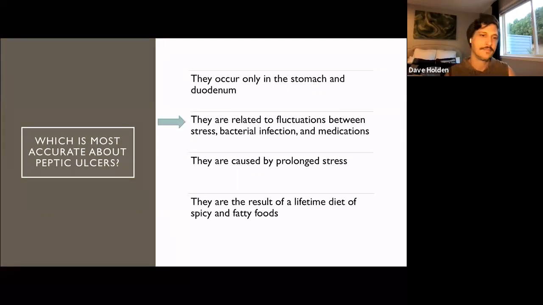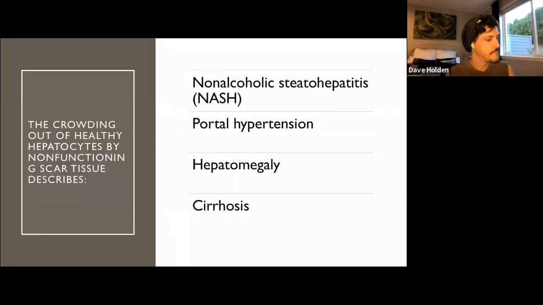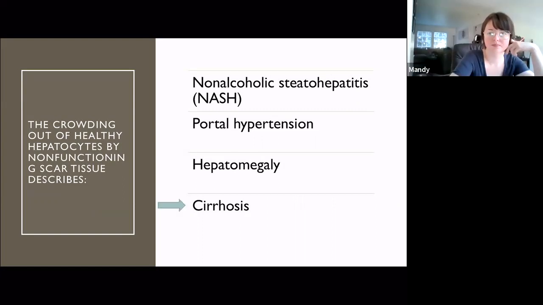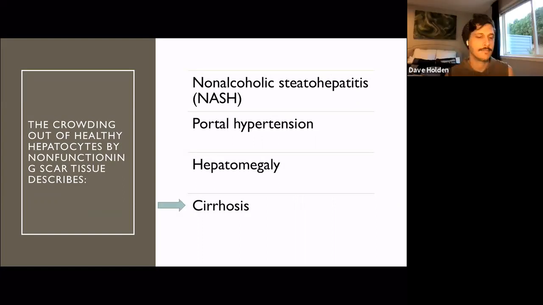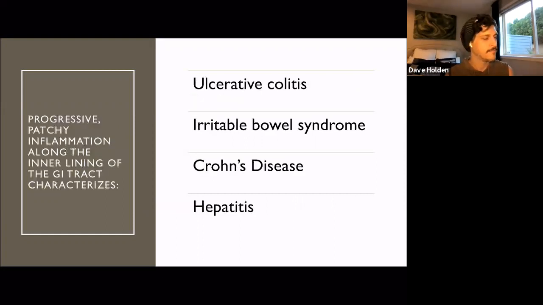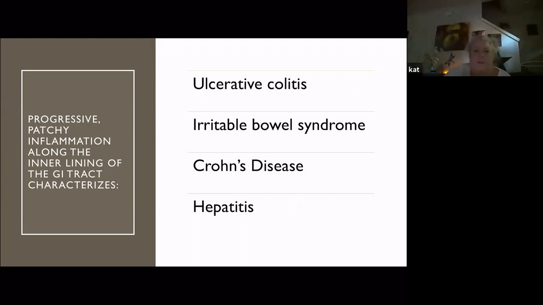Very good job. The crowding out of healthy hepatocytes by non-functioning scar tissue. Cirrhosis. Very good. A progressive, patchy inflammation along the inner lining of the GI tract. This is characteristic of Crohn's disease. Great job.